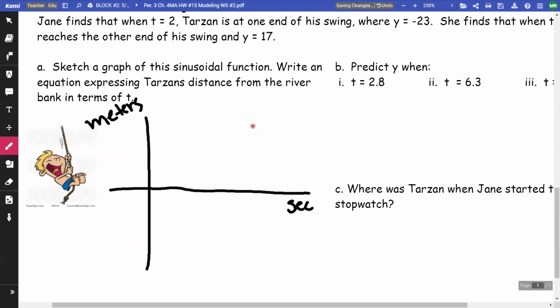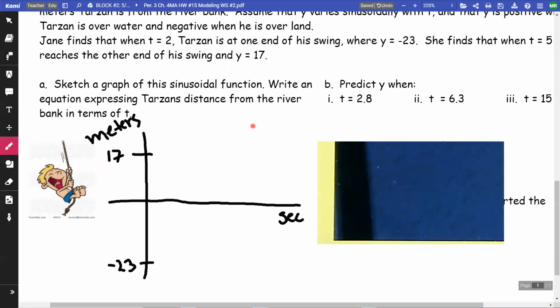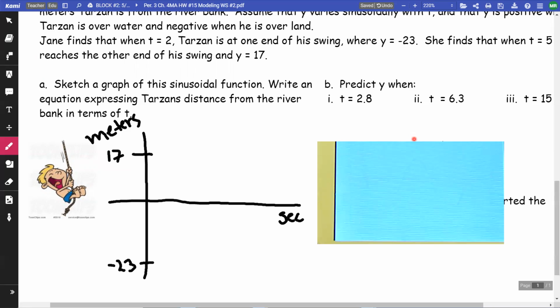Okay, so his low is going to be -23. His high is going to be 17. And to figure out halfway in between, I am going to average 17 and -23 divided by 2, and I end up with -3.